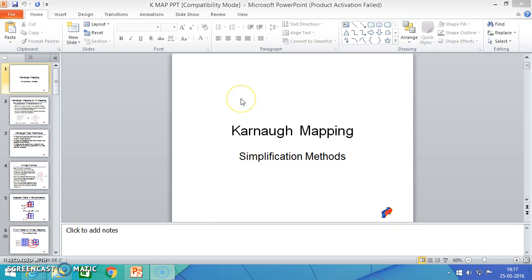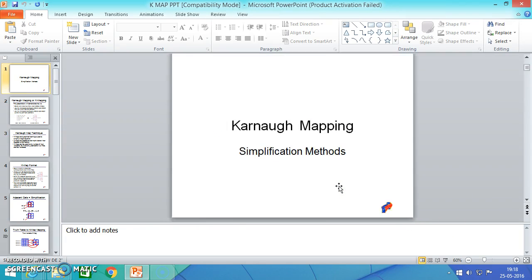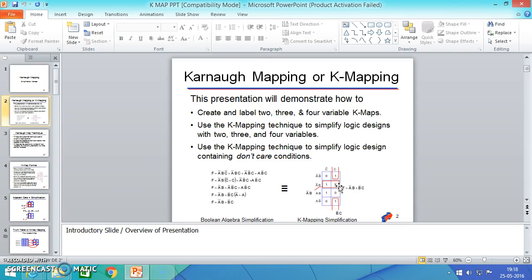Today I am going to cover a very interesting topic, that is Karnaugh mapping, particularly simplification methods. In fact, this presentation will demonstrate how to create and label 2, 3, and 4 variable K-maps.